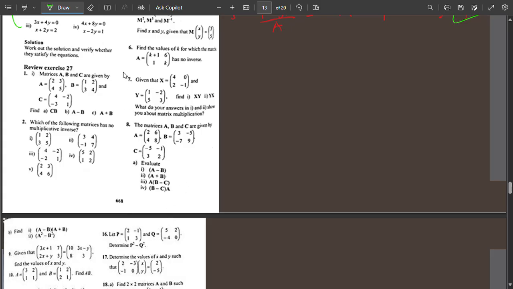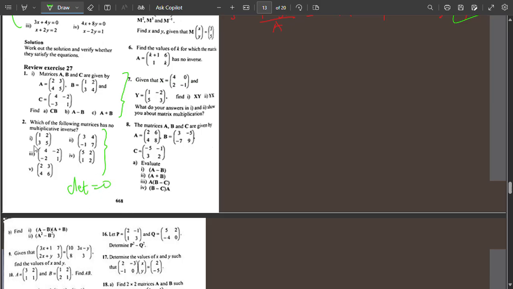Example 1 is addition, subtraction, and multiplication. And in example 2, which of these has no multiplicative inverse? So how do we know that a matrix has no inverse? It's only when its determinant is equal to 0.